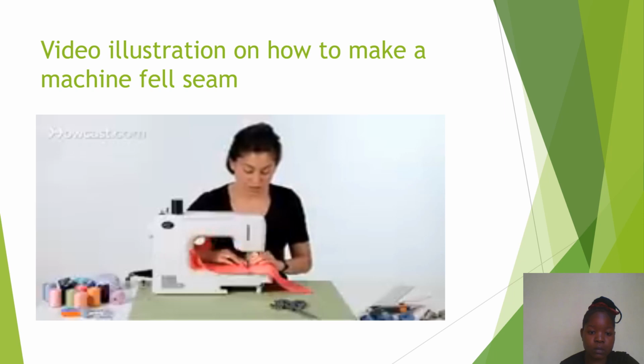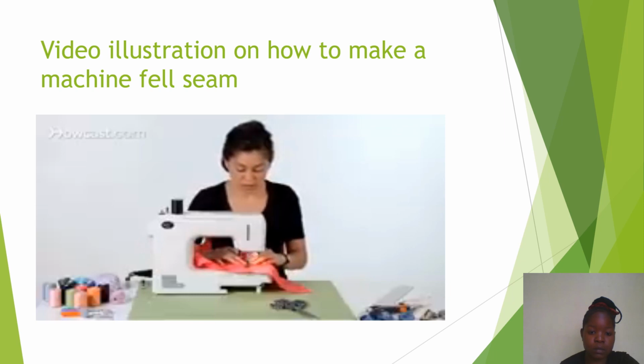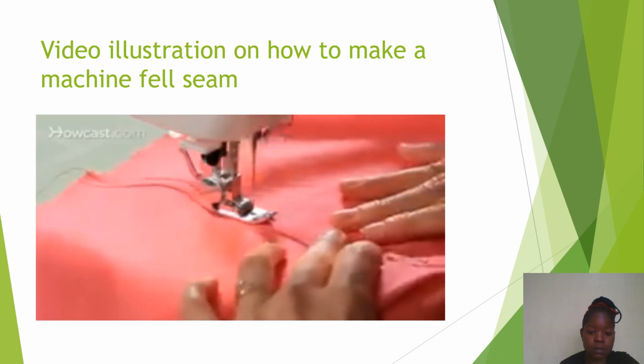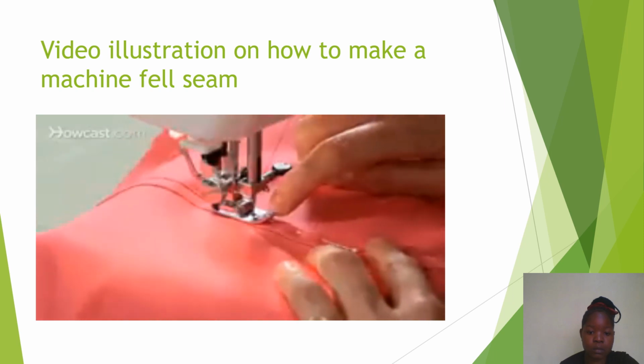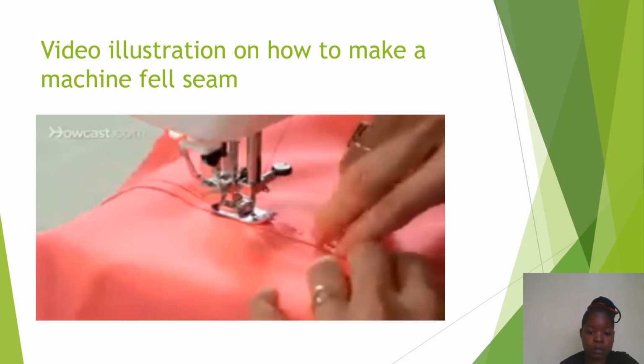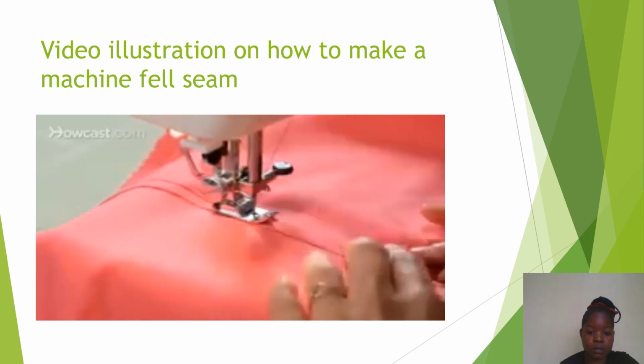Now, when you're doing this, you can always use the edge of the inside of the presser foot as your guide for an edge stitch. My presser foot has little notches on the right-hand side that are also really useful reference guides.